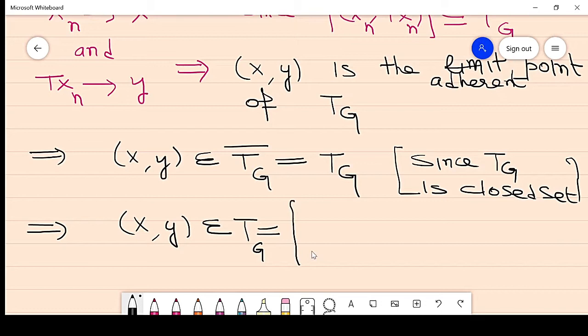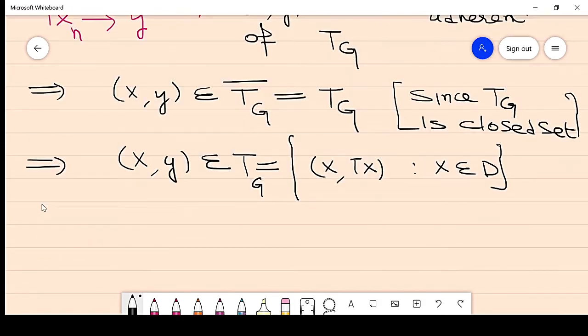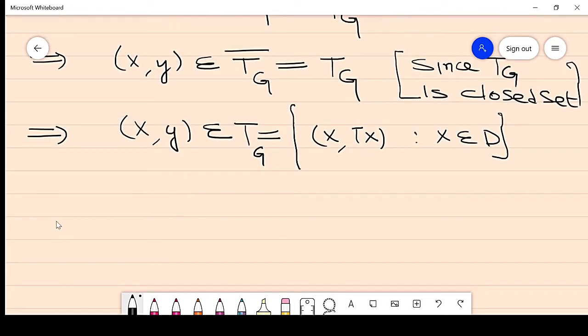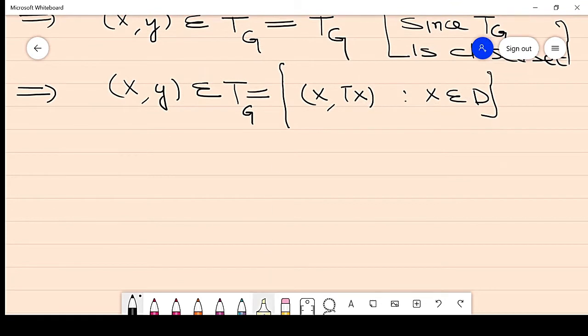So what is the construction of Tg? Which is (x, Tx), x belongs to domain. So this is the definition of Tg. It means (x, y) is an element of this kind.